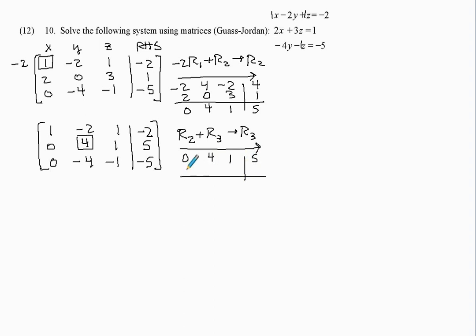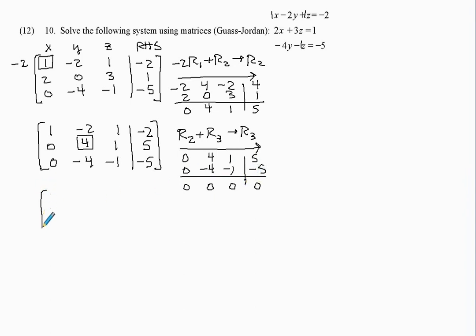And then underneath it, row 3, 0, negative 4, negative 1, negative 5. And I add these up vertically, 0, 4 minus 4, 0, 1 minus 1, 0, and 5 minus 5, 0. Uh-oh, we got a 0 row.